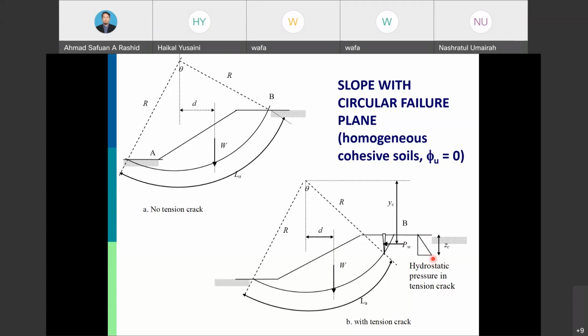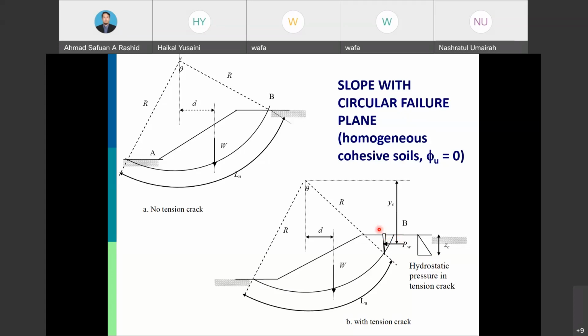Okay, so there will be also another potential driving moment, if there is a surcharge on the top of the slope, which is also located inside this failure plane.